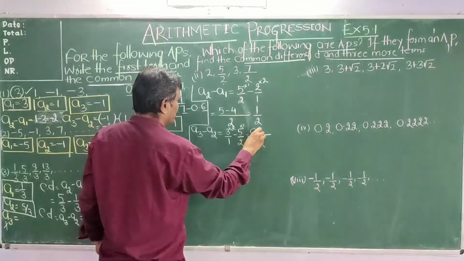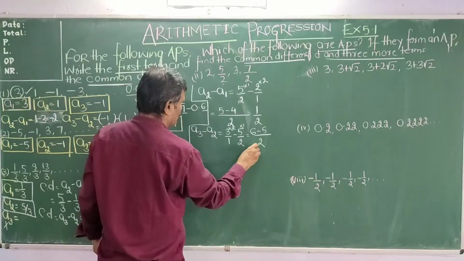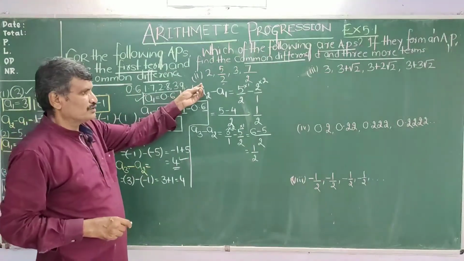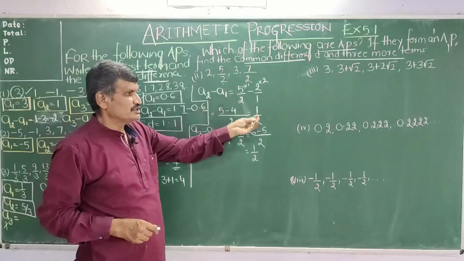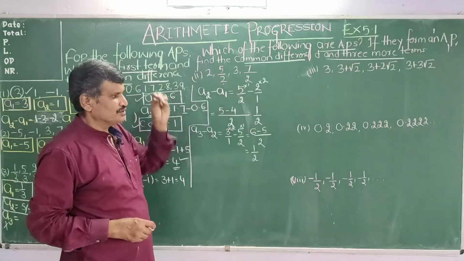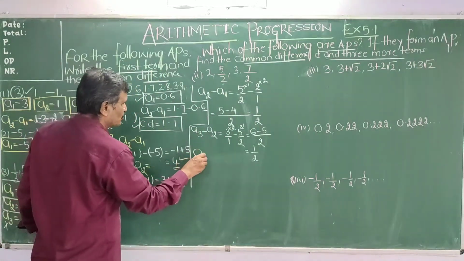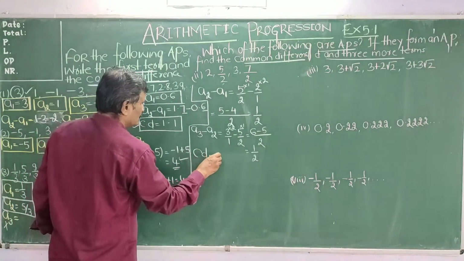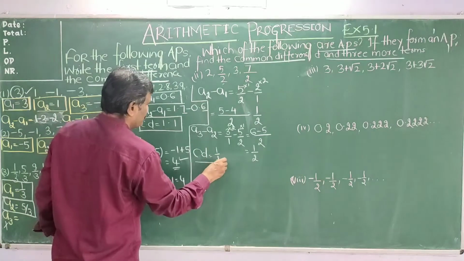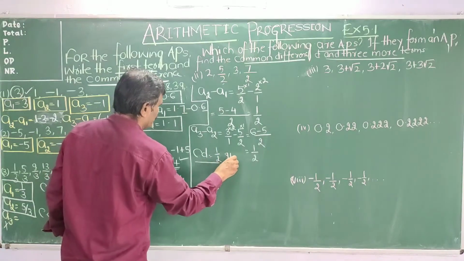That means 6 minus 5 is how much? 1 by 2. So children, the first part of the story is over. The common difference is the same, and if the common difference is the same, then I can say it is in AP. So I can write here, common difference is equal to 1 by 2. It is in AP.